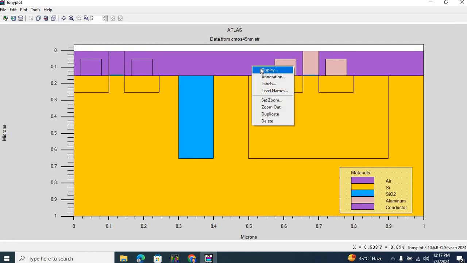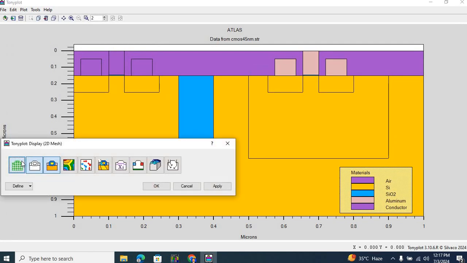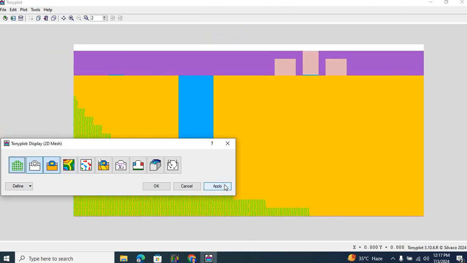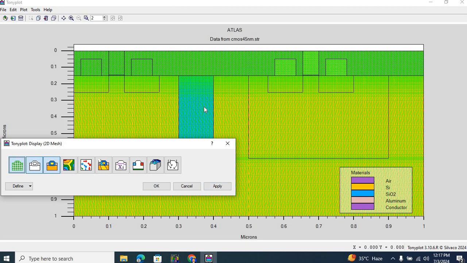Okay, we can look at the meshing by clicking on this icon, hit apply. Here is the meshing covering the crucial parts.